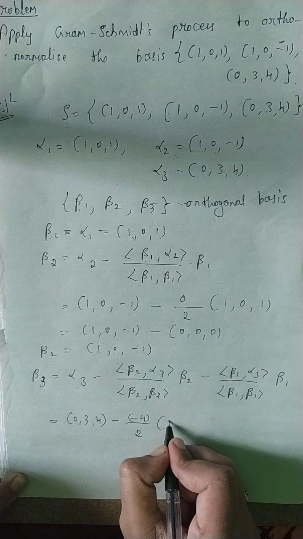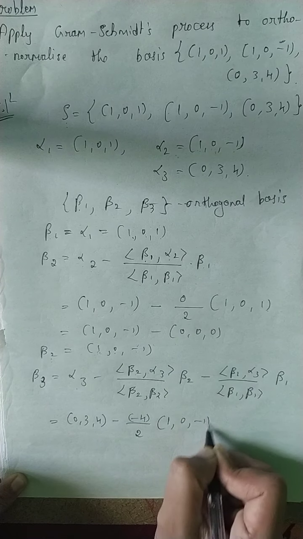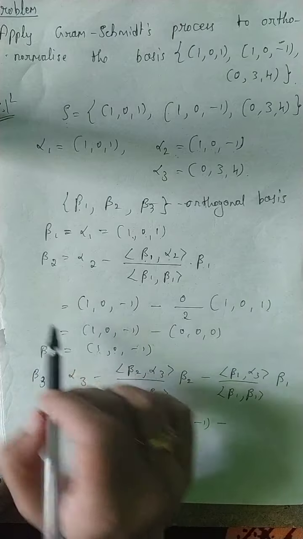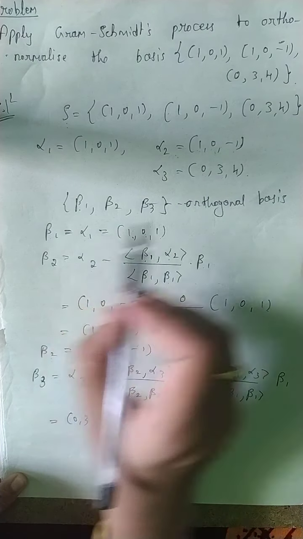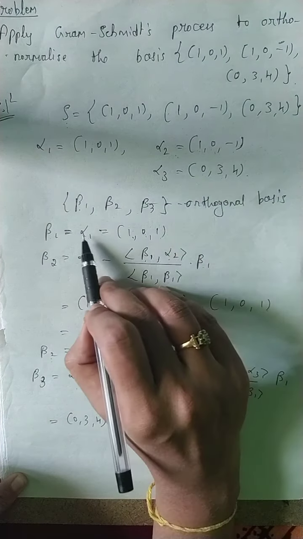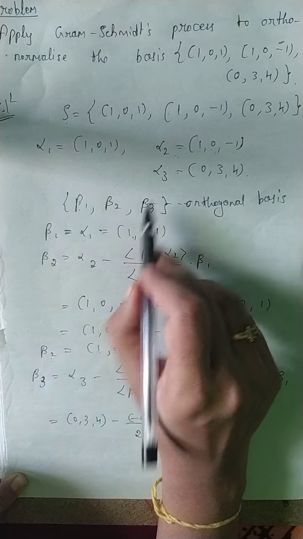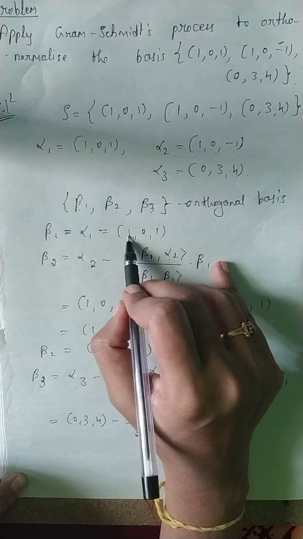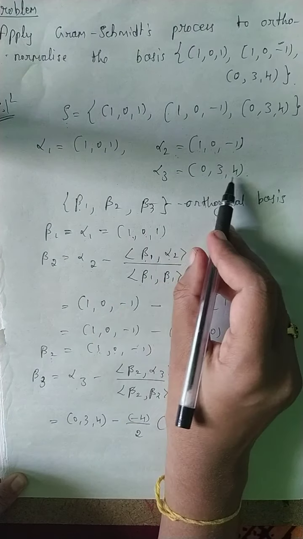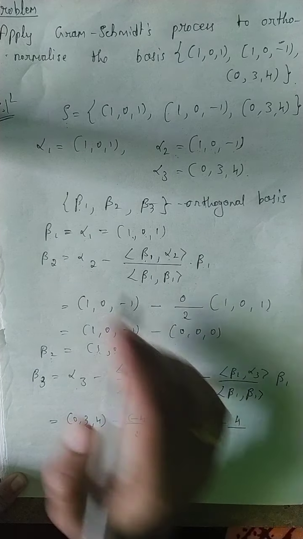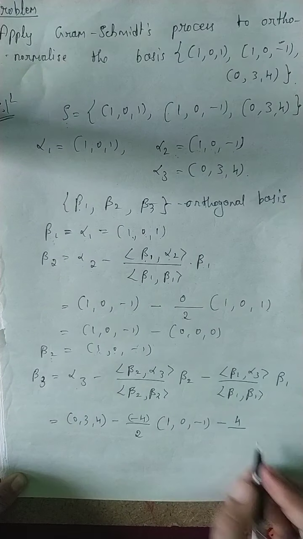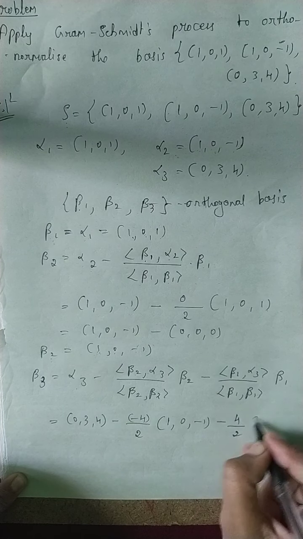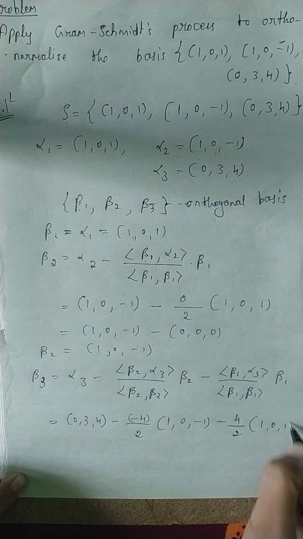So next, into beta 2, which is 1 0 minus 1, minus the inner product of beta 1 with alpha 3. We find that inner product: 0 into 1, 3 into 0, 4 into 1, that is 4, divided by the inner product of beta 1 with beta 1, which is 2, into beta 1, which is 1 0 1.